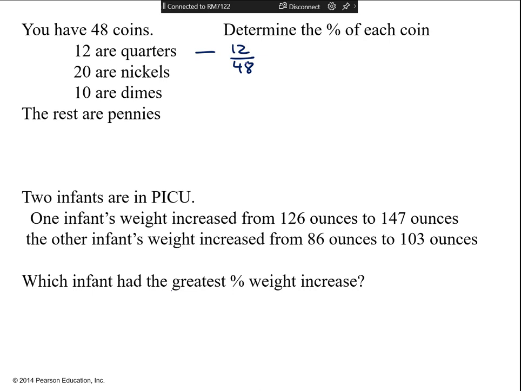Take 12 divided by 48, and I just get a decimal place. So what percent does is put it on a scale of 0 to 100. So you take your how many divided by the total possible and multiply that answer times 100. So what is that? 25%. So that's going to say out of 100, 25% of them are quarters.